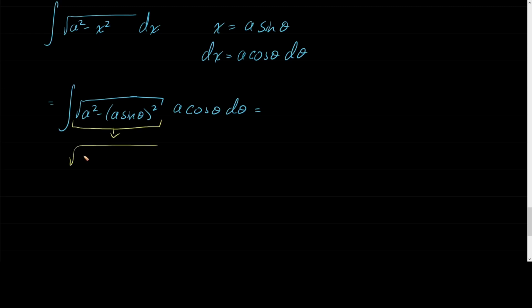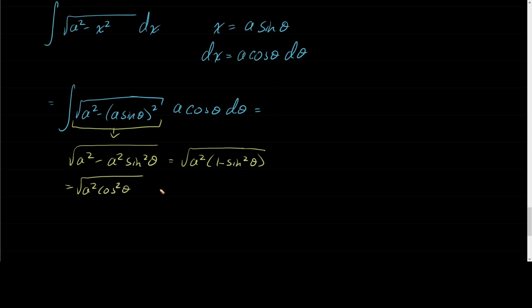Well, the square root of a squared minus, squaring these, I get a squared sine squared. They both have an a squared, so we can factor that out. So I have a squared times 1 minus sine squared. 1 minus sine squared is just cosine squared, so I end up with a squared cosine squared, and square rooting that, I end up with a cosine theta.